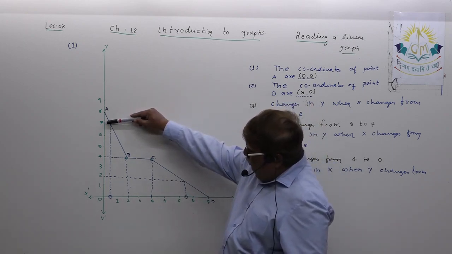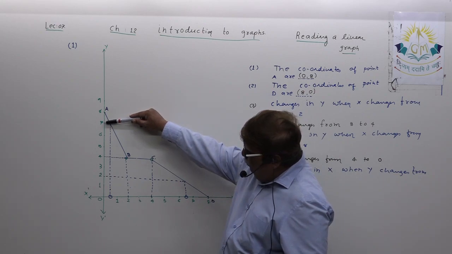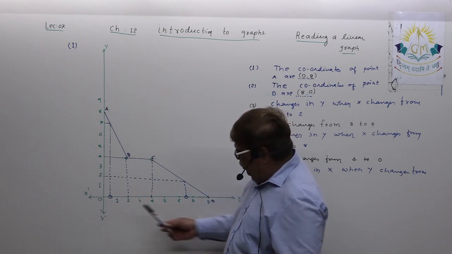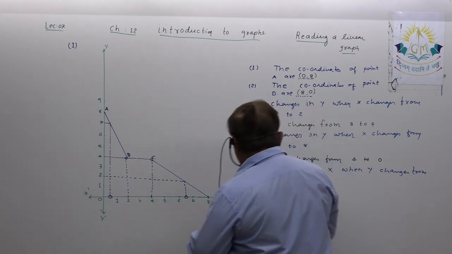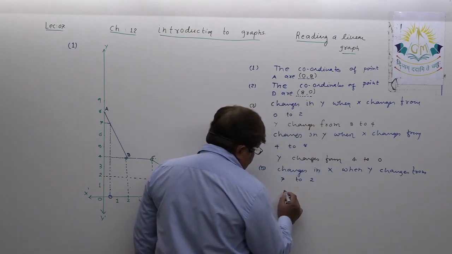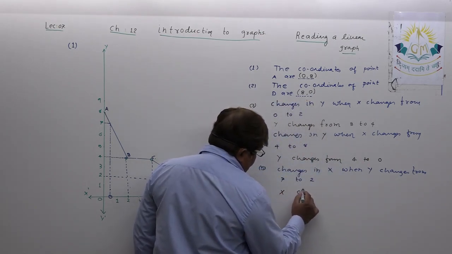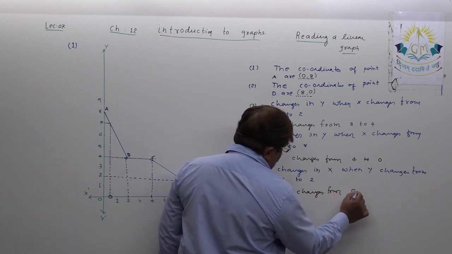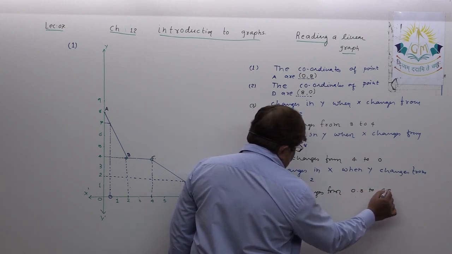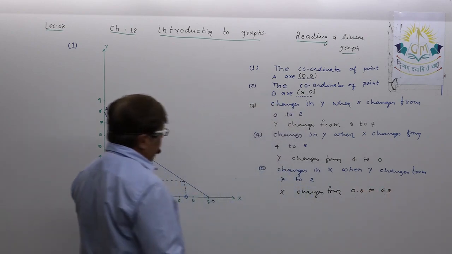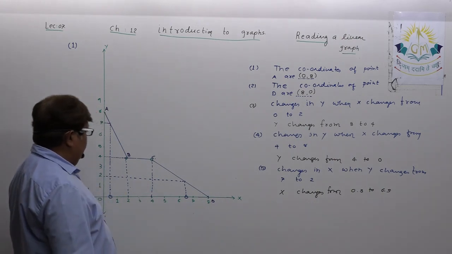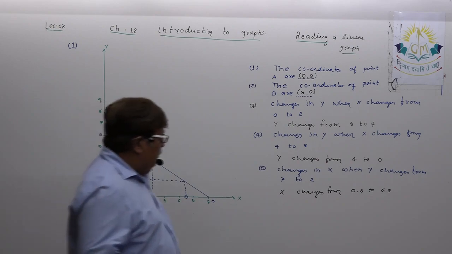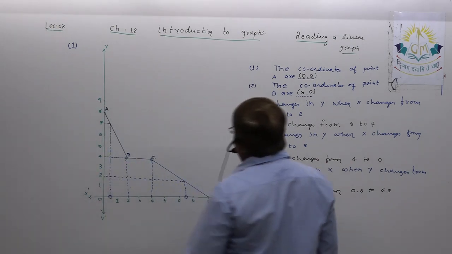When y changes from 7 to 2, x changes from 0.5 to 6.5. So I would like to write the answer this way. X changes from 0.5 to 6.5. Is it clear? So this way you can read the coordinates.